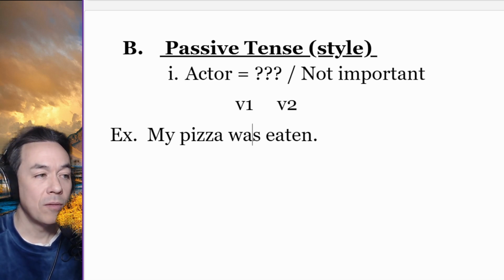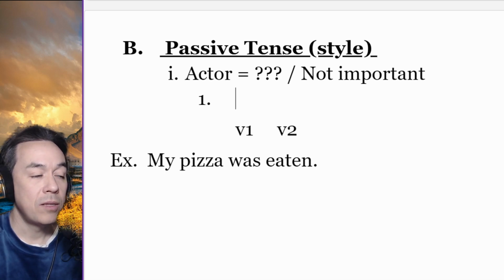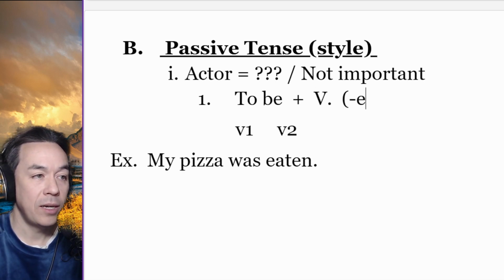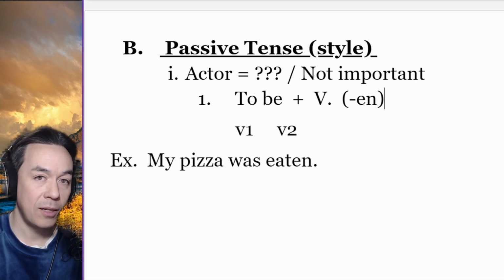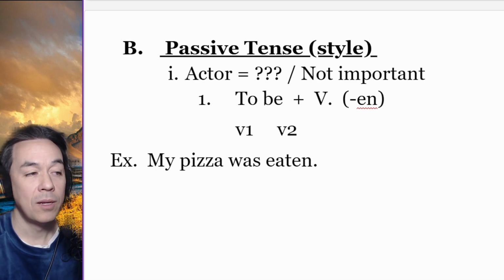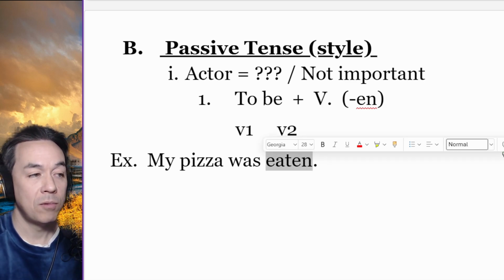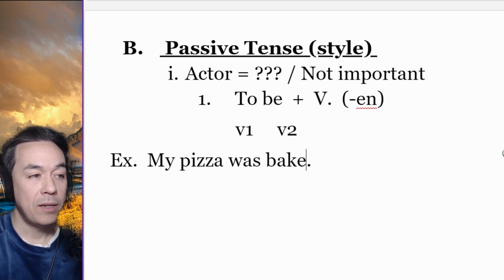So you have to remember, past tense, how do you do it? It's the to be of the verb plus the main verb. Sometimes with that en style, broken, spoken, eaten, but sometimes not. Sometimes the normal, was, my pizza was baked, right?